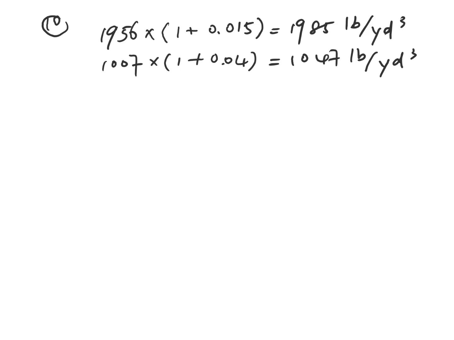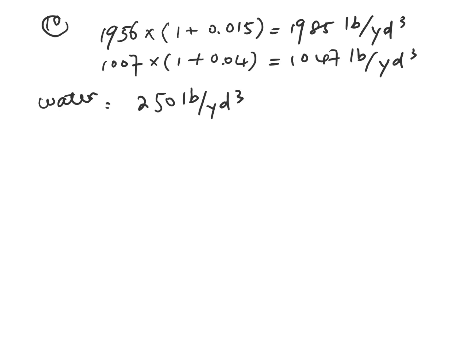Okay, so then we need to calculate the actual amount of water we need to use. If we don't consider the moisture content, in the previous step, we calculated that the amount of water we need is 250 pounds per cubic yard of concrete. So we need to calculate the actual amount.